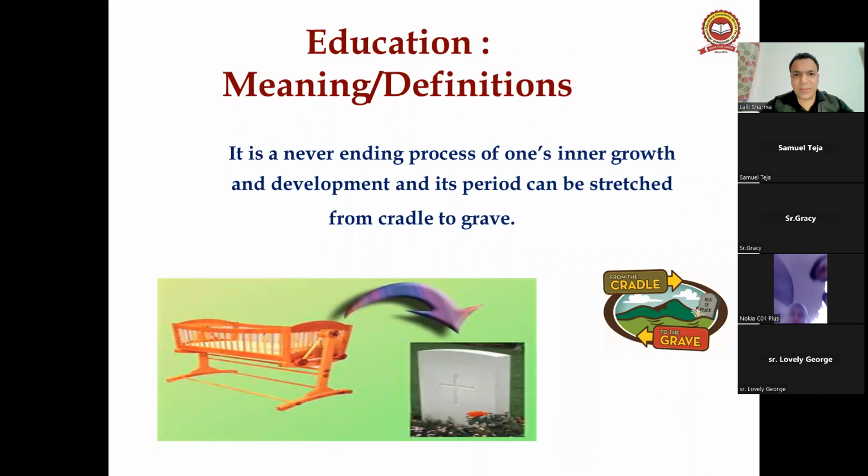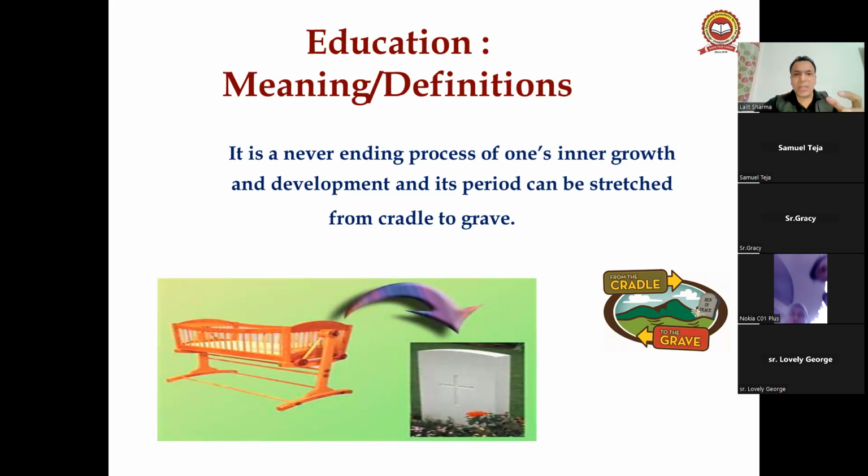Guys, if you say that after doing the 10th, 10 plus 2, graduation, one has become educated, then please tell me, 150 years back, there was no school in India. At that time, do you want to say that there was no person who was educated? Education is a very comprehensive term.